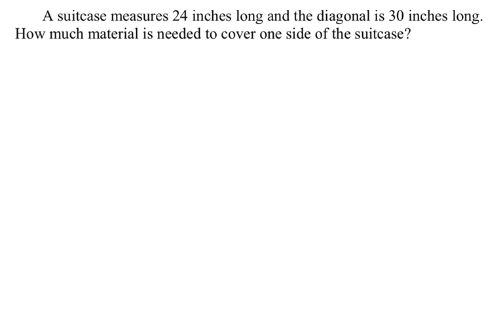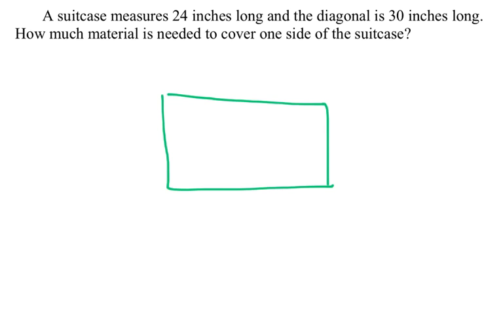In our last example, a suitcase measures 24 inches long, and the diagonal is 30 inches. There's our beautiful suitcase. How much material is needed to cover one side of the suitcase?